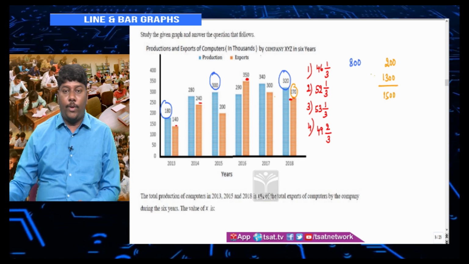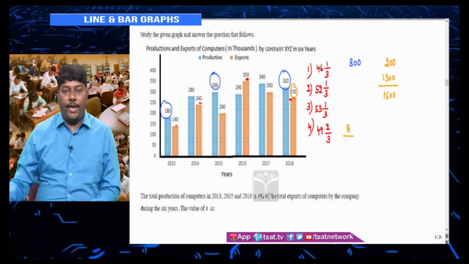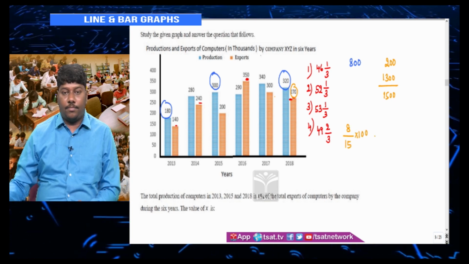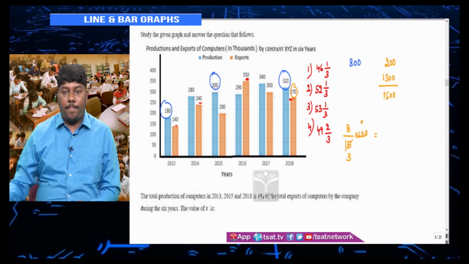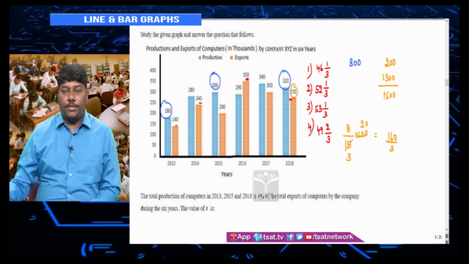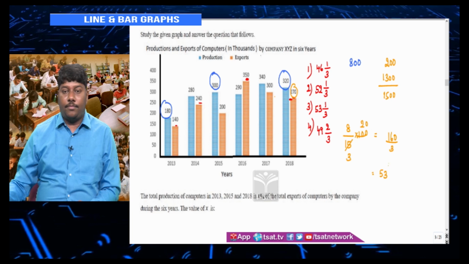Now he is simply asking you 800 is what percent of 1500. Forget about zeros. He is asking you 8 is what percent of 15. Cancel it in 5 table, 3s. 160 by 3. So I would say 5, then 3s.